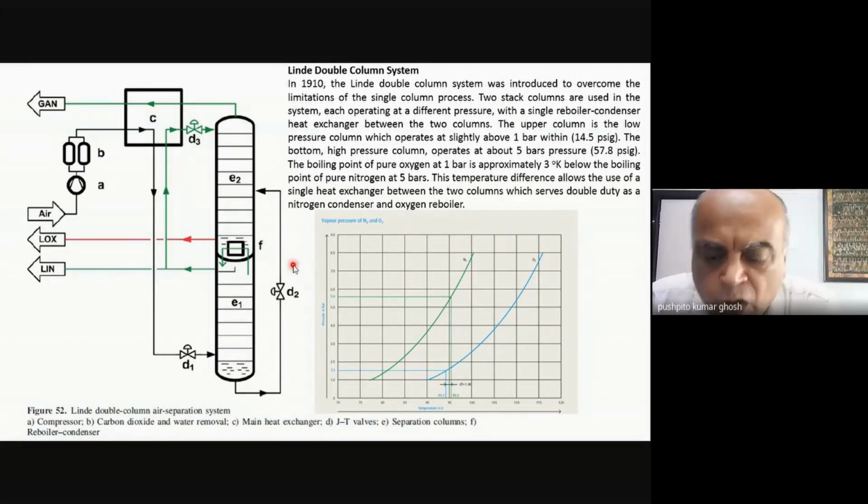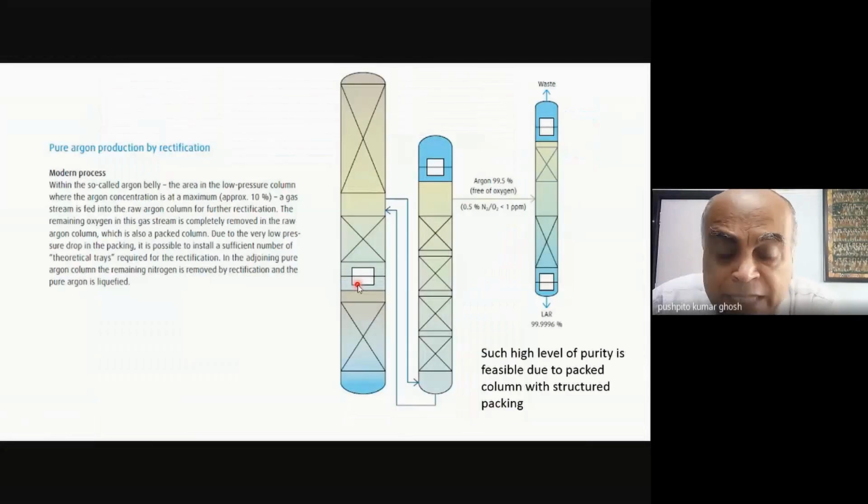Yes, sir. Okay. And then over here, where will it be? Oxygen is at the bottom of the top column. Nitrogen is more at the top of the top column. Argon naturally will be in between. So you will draw argon from somewhere towards the middle of the column. That will, of course, depend precisely on the interior design of the column.